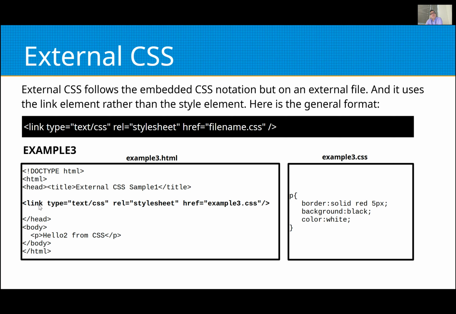By the way, you can also use the link element to link to another web page. We've been using the anchor element, but with the link element, we can also direct it to a different location. This link element is used to specify the location of the external CSS file, but it is also used to specify a web link like we did with the anchor element.